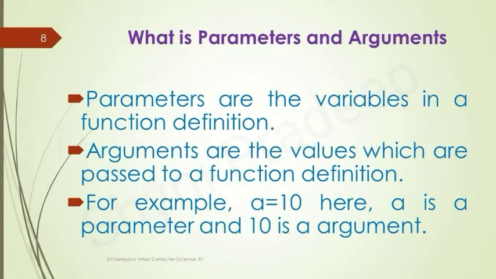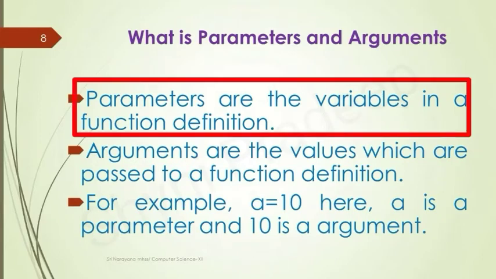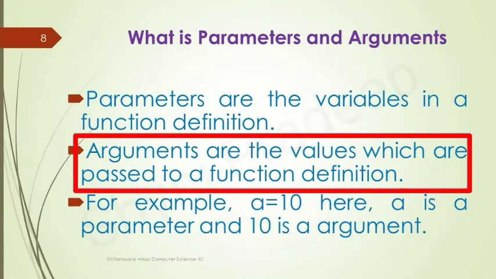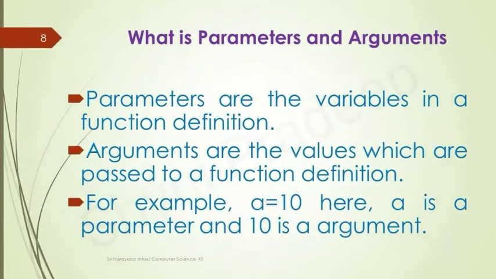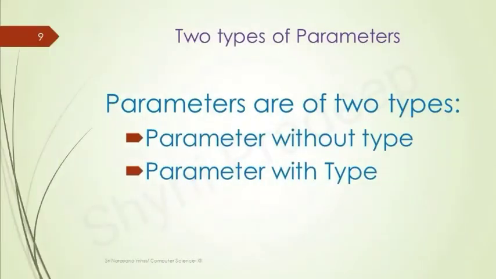Now let us see the definition of parameters and arguments. What is a parameter? Parameters are the variables in a function definition, whereas arguments are the values which are passed to the function definition. You call the variable a parameter and the value an argument. The parameters are divided into two types.